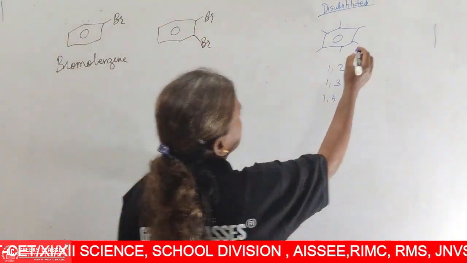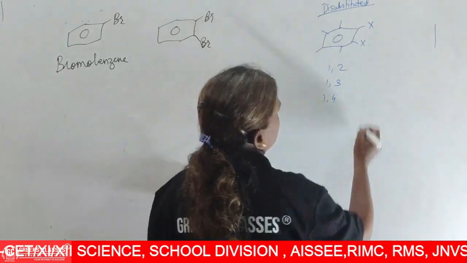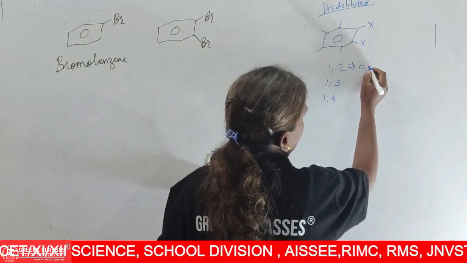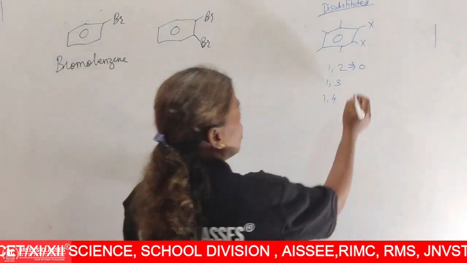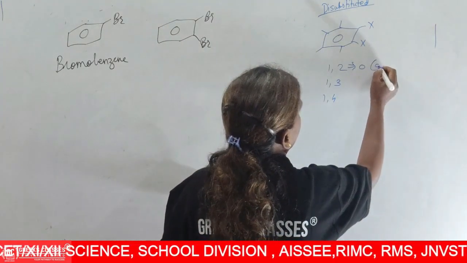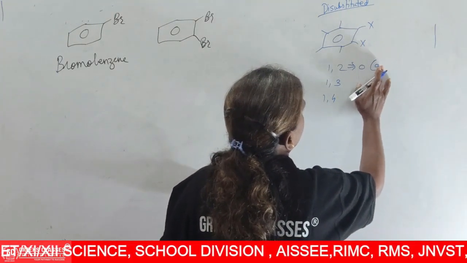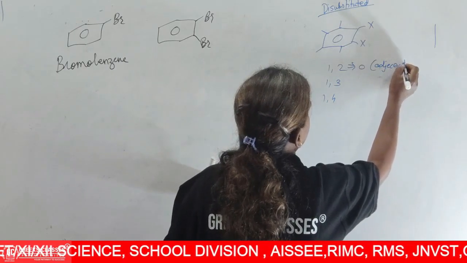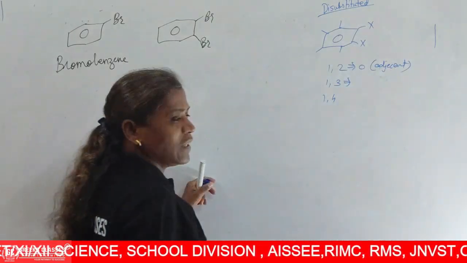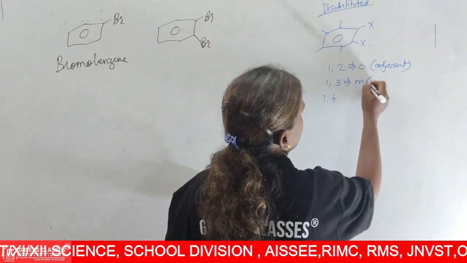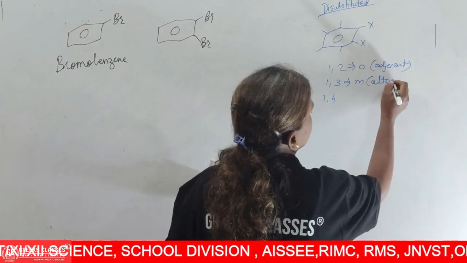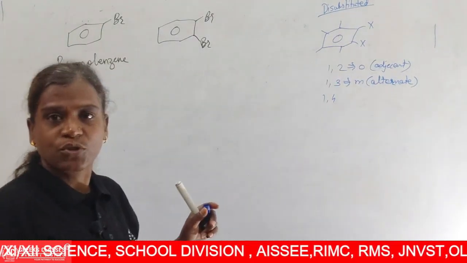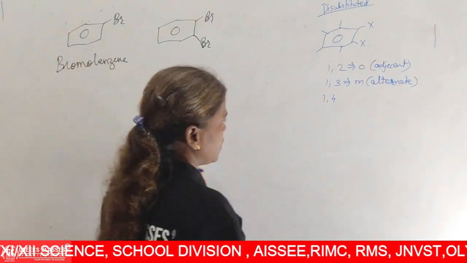Suppose I have two halogens on neighboring carbons, then that will be ortho, which we denote by O later, and as a hint I would write in brackets: adjacent. When it is 1,3 it is meta, that means alternate, the alternate carbon shows the substituent.